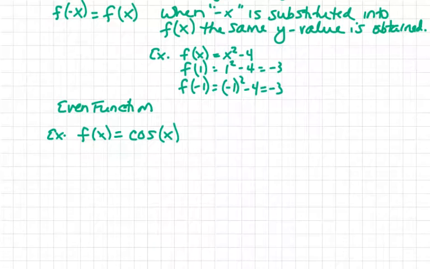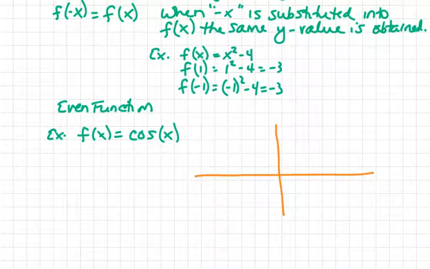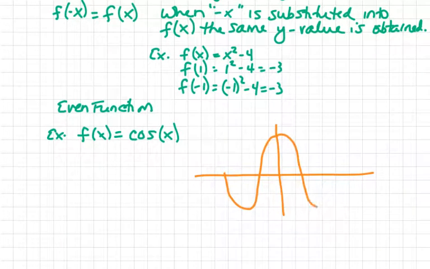Because with the cosine function, if you were to fold along the y-axis here, the area to one side would equal the area to the other side. So that tells you that you have symmetry about the y-axis, and this is indeed an even function. So the trig function cosine is an even function.